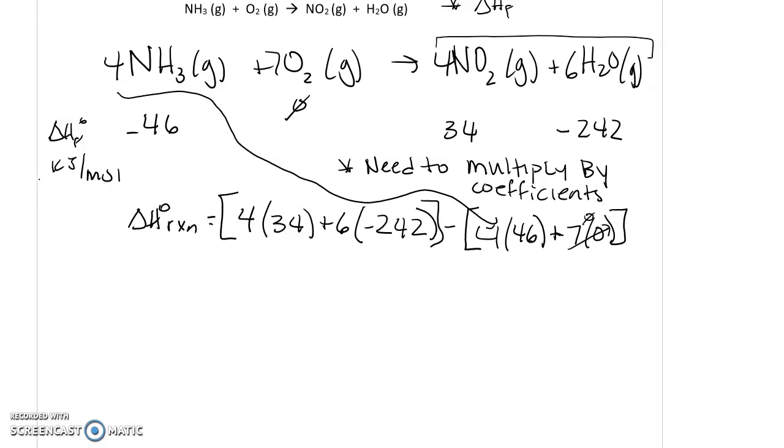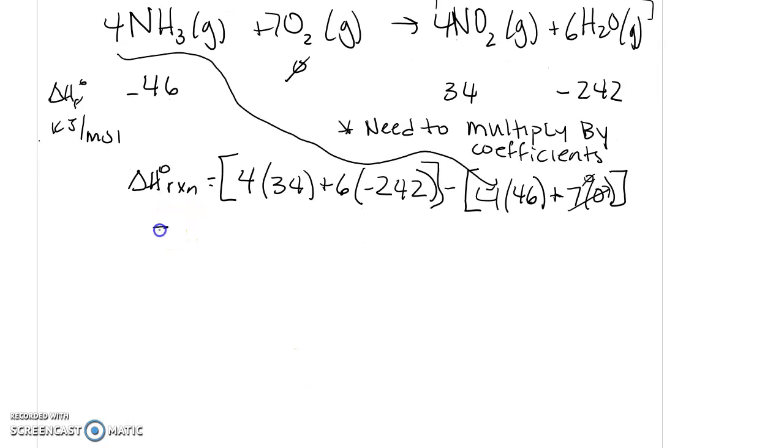Okay, now let's go ahead and do the math. I'm going to do the product side first, and I get minus 1316. And then I'm going to subtract the reactants, which is minus 184.